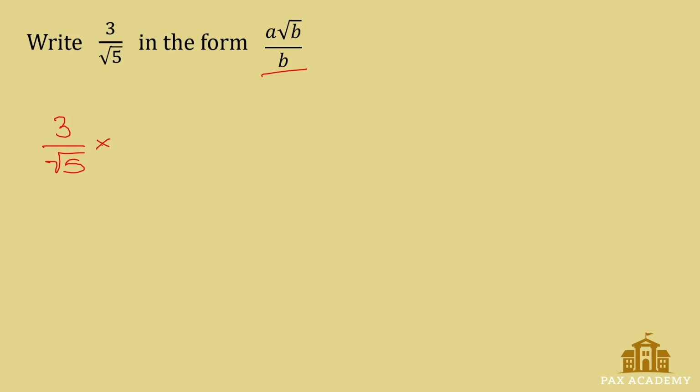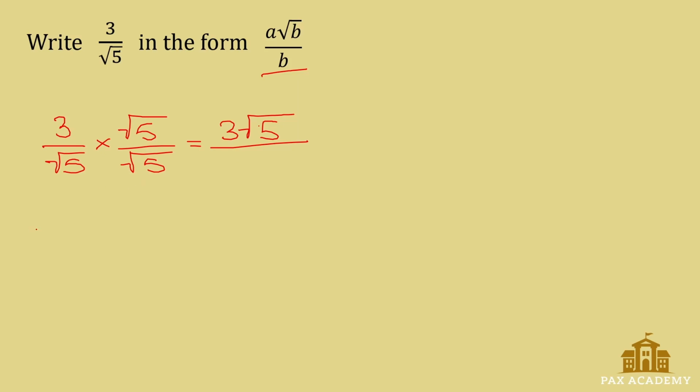So what we get is 3 times the square root of 5, and then square root of 5 times square root of 5. Okay? And then we solve the multiplication. So 3 times the square root of 5, we can rewrite as 3 times square root of 5, over, and then we have square root of 5 times square root of 5.